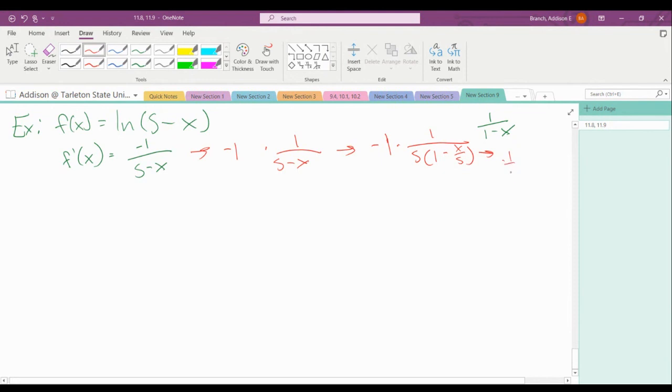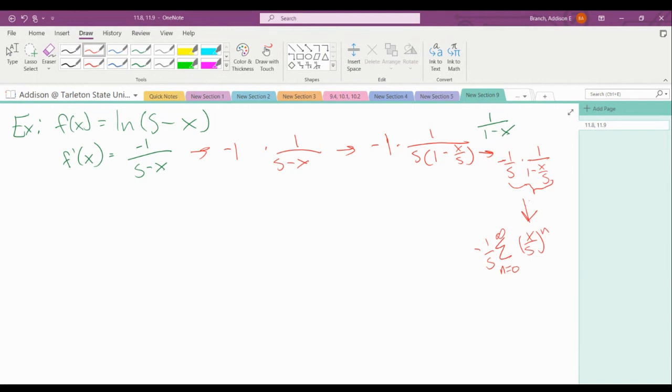So negative 1/5 times 1 over 1 minus x over 5. We are now in our 1 over 1 minus x, or 1 over 1 minus u, however you want to call that. We're now in the right format to get our power series. So the power series of all of this would get us negative 1/5, the sum from n equals 0 to infinity of x over 5 to the n.